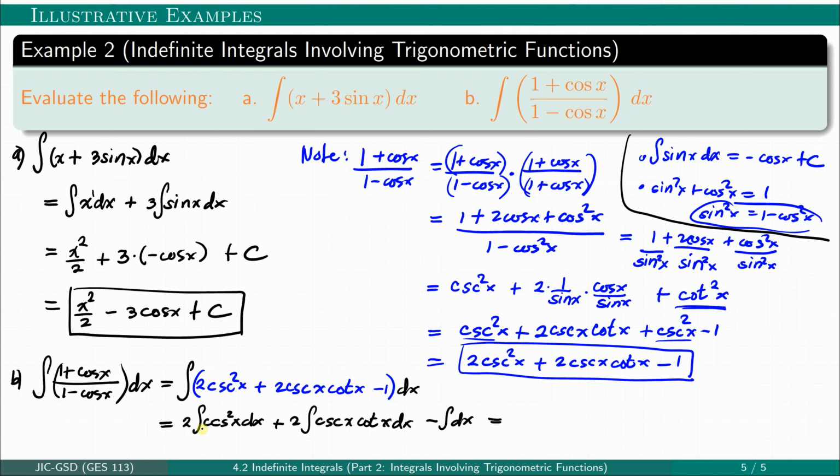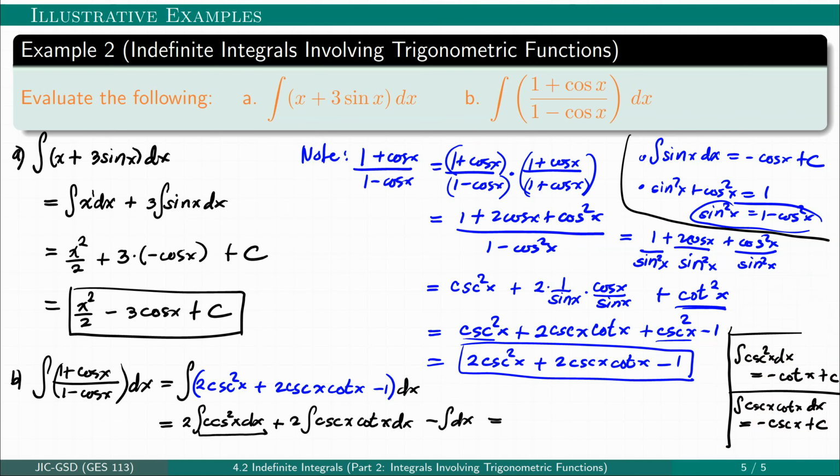So ultimately we will get the integral of cosecant squared. Remember, the integral of cosecant squared x dx is equal to minus cotangent x plus c. Also, the integral of cosecant x cotangent x dx is equal to minus cosecant x plus c.